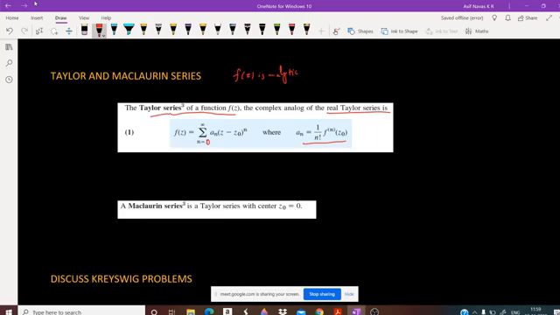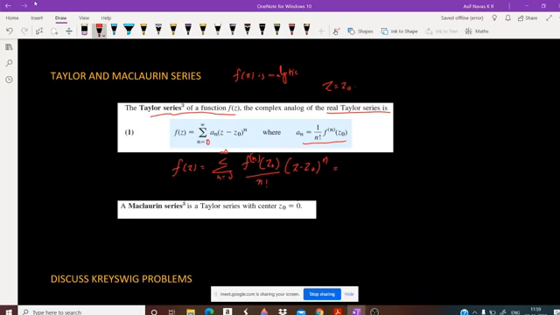Okay, so this is of the form f of z equal to, if you expand this, that means sigma n equal to 0 to infinity f nth derivative at z naught. So we are finding Taylor series at a point z naught, divided by n factorial, z minus z naught whole power n.